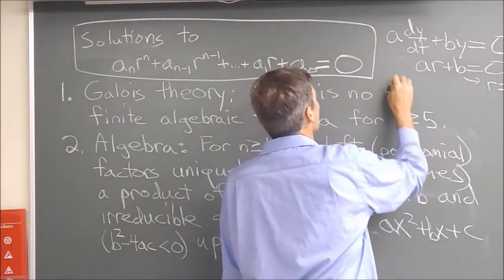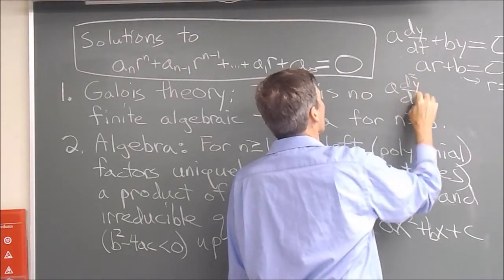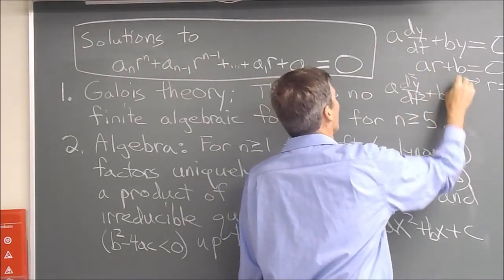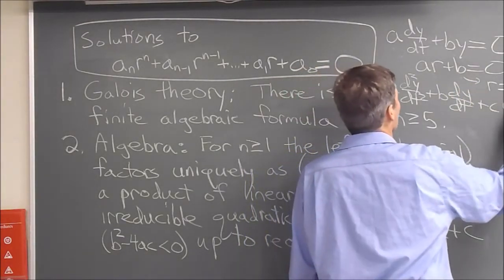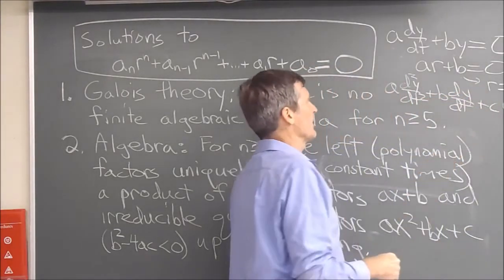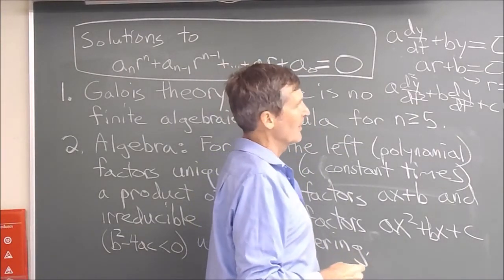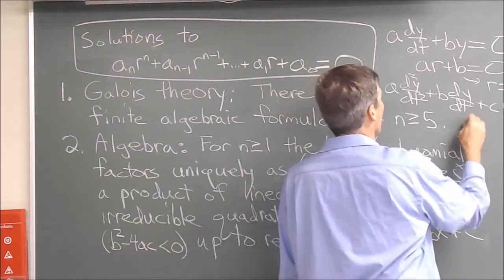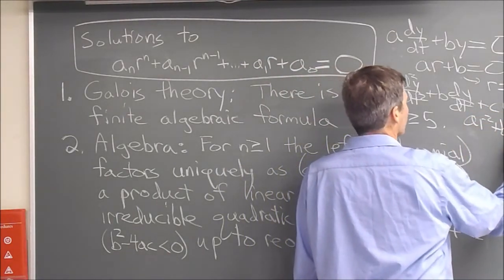If you have a d squared y/dt squared plus b dy/dt plus c y equals 0, this is a homogeneous linear second order differential equation with constant coefficients. This one, we said its characteristic equation is ar squared plus br plus c equals 0.